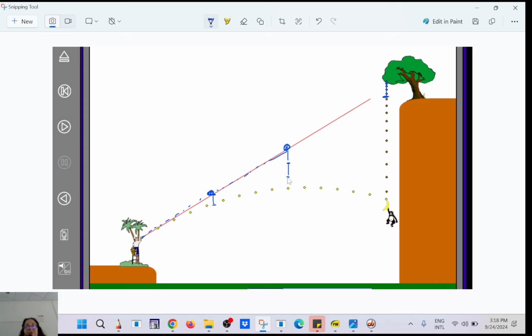So 1, 2, 3, 4. And now the monkey is also falling the same thing. I want to keep going. No, you have to fall 9, and the monkey will also fall 9. So because they are both acted upon by gravity, what's happening along the y-axis does not care what's happening along that direction. They are independent from each other. So you have to aim at the monkey.